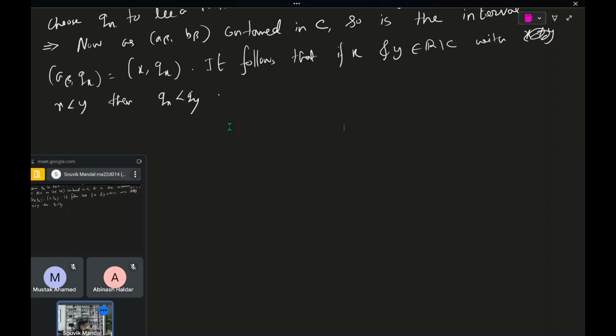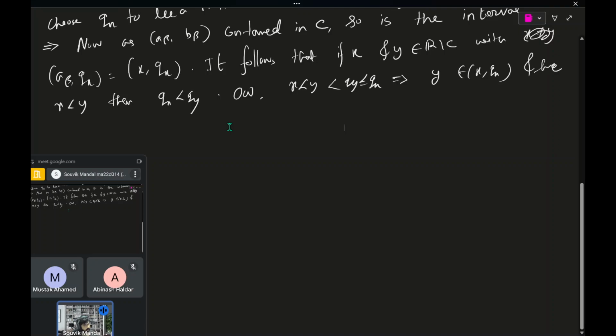Why? Otherwise x is less than y is less than or equal to q_y is less than or equal to q_x. This implies y belongs to (x, q_x), and hence y belongs to C. But that is a contradiction. So only this situation is possible.